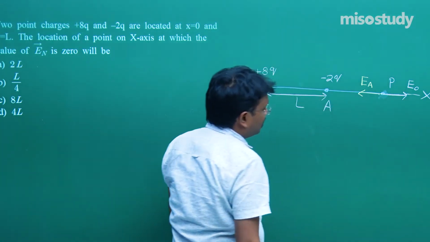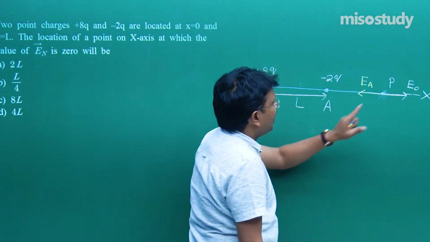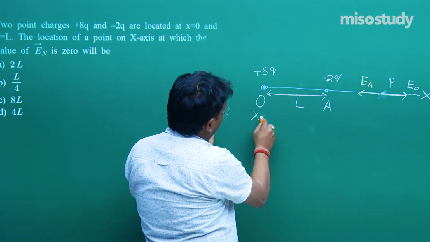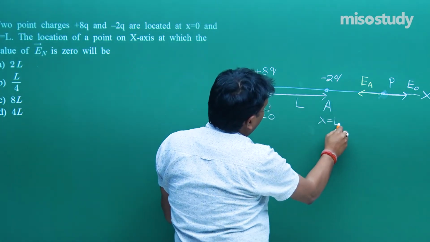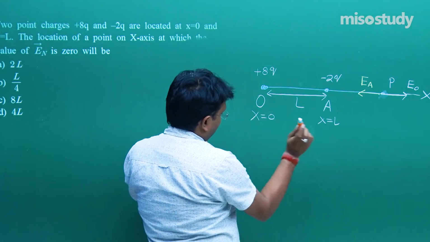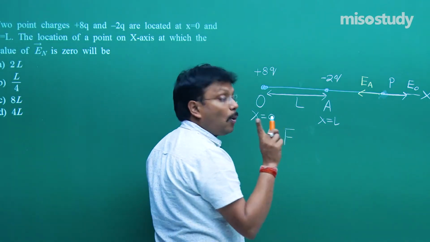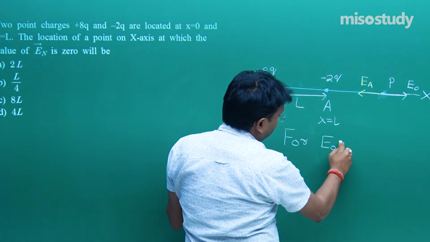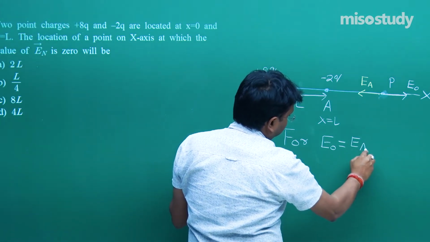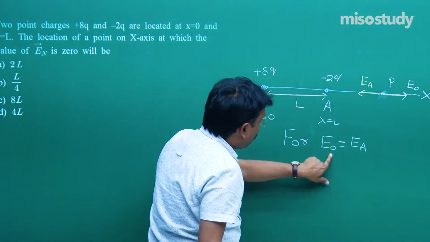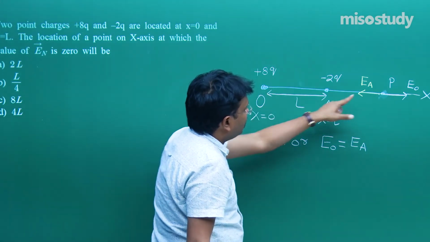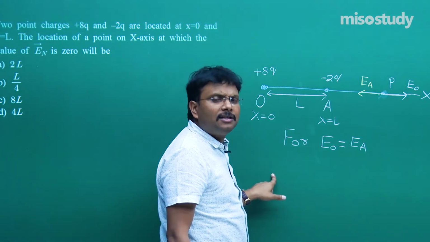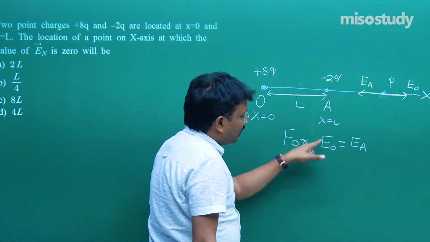I hope this diagram is clear in the minds of each and everyone, and this is x-axis. Now, this point is x is equal to 0 and this point is x is equal to L as I mentioned. Now, I am writing just one line, EO is equal to EA. Only if they are going to equal each other, only then you may say that the net field is going to be 0.